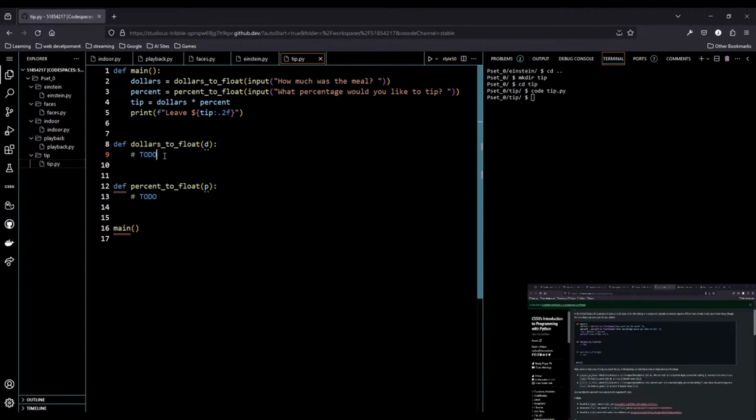How much was the meal? So where float D? Where is this D coming from? Oh, okay, so we're saying that dollars to float. This input is equal to D. So now D is now going to be equal to float.